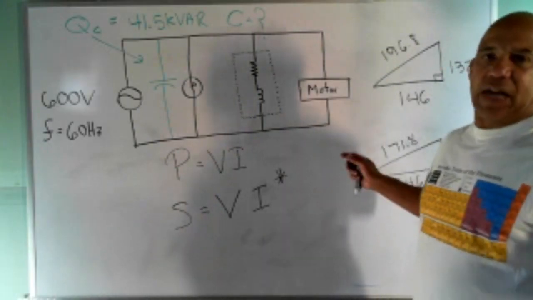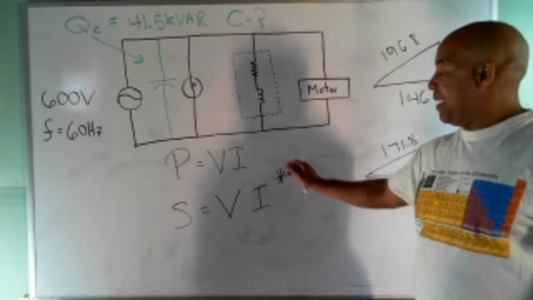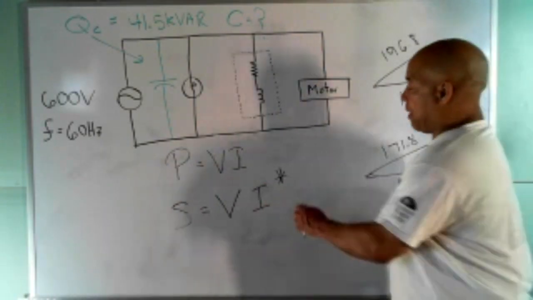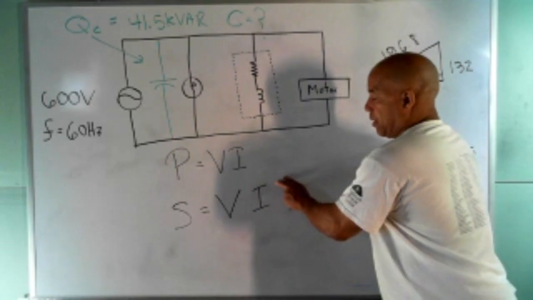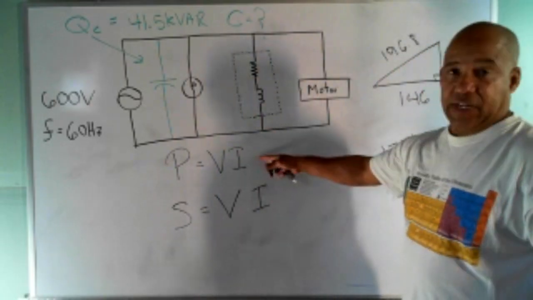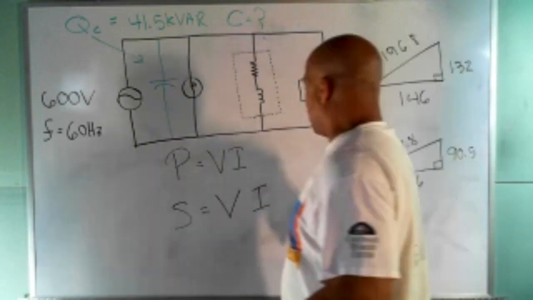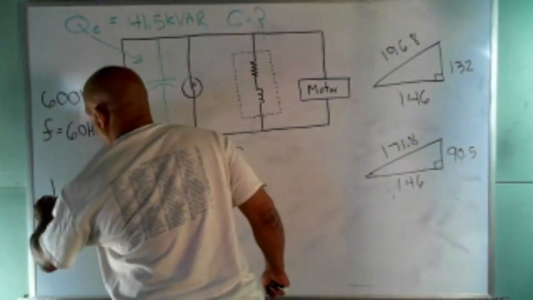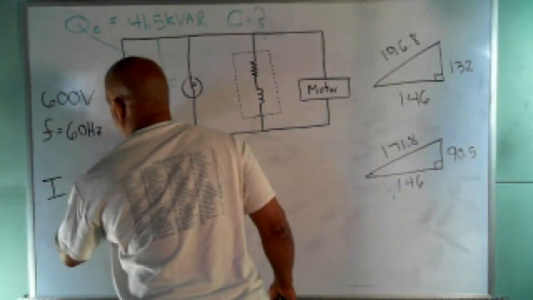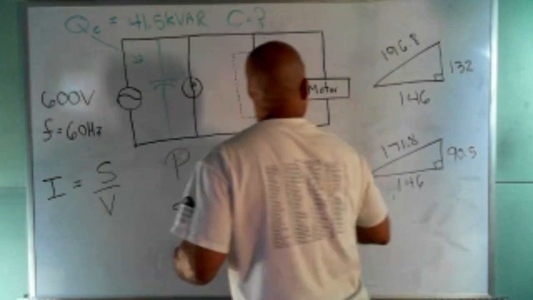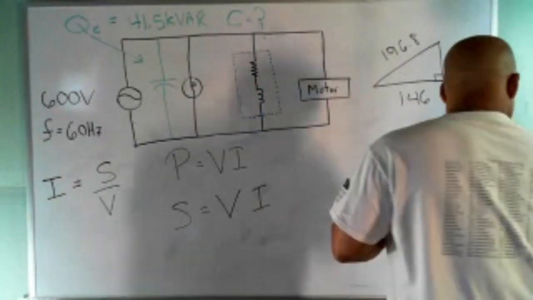We haven't talked about the angle, so I'm not going to worry about the angle. We'll just get the magnitude of the current, so I don't have to worry about the star part. So we can just use this as if it were a DC equation. Solve that for I, and we're good to go. So we know that I equals S over V. Let's do that for both triangles.